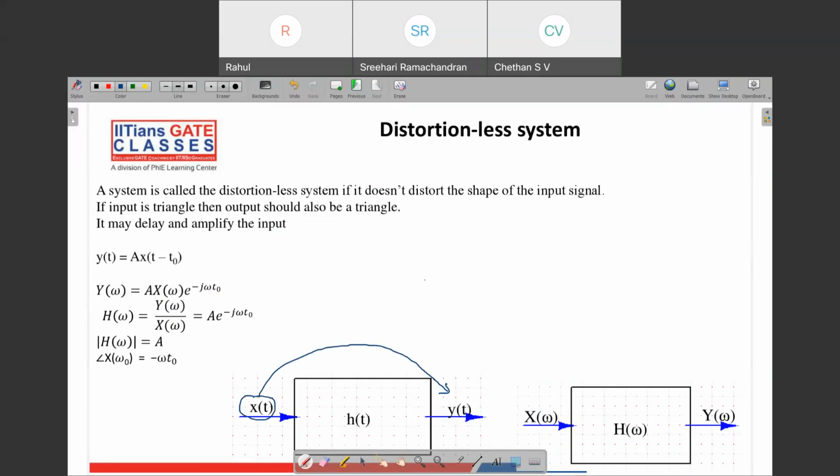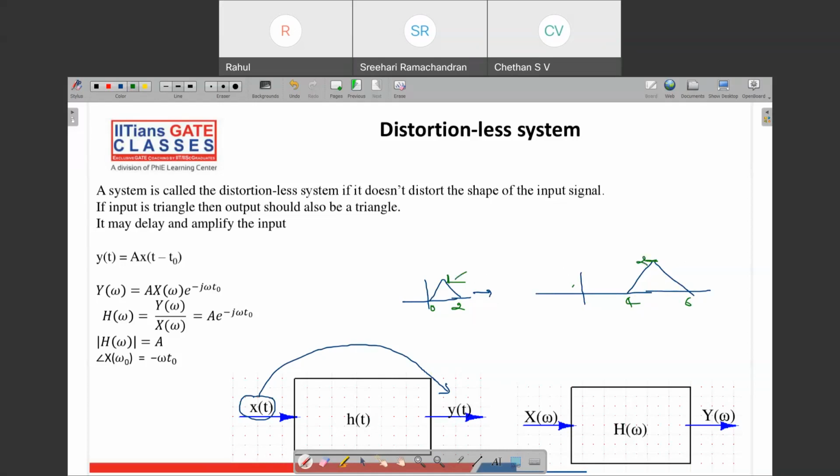So for example, let's say I'm sending a triangular signal. The output should also be a triangular signal. It may have some amplitude modification, it may have some time delay. Let's say this is 0, this is 2, so this will be, let's say, 4 and 6, and this, let's say this is 1, so this can be 2.